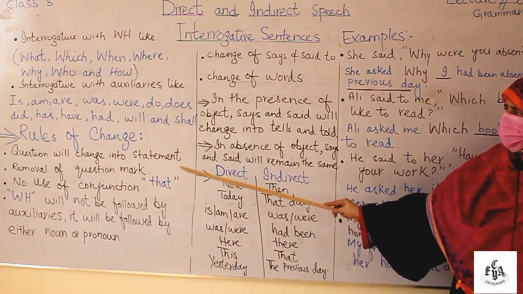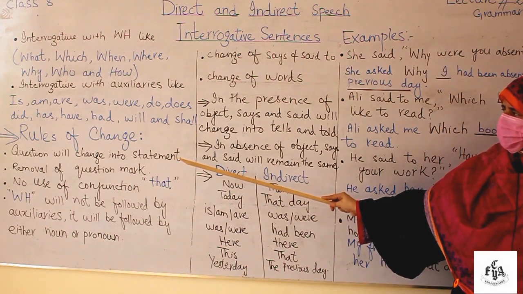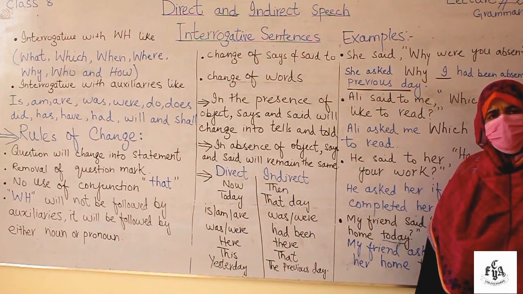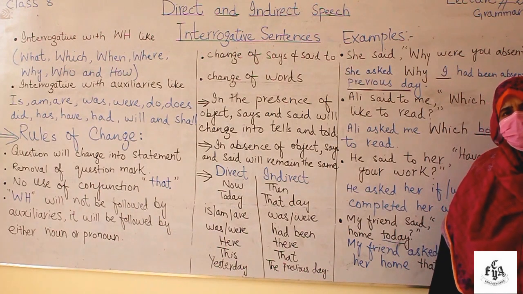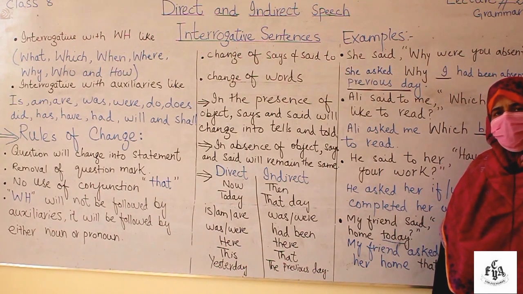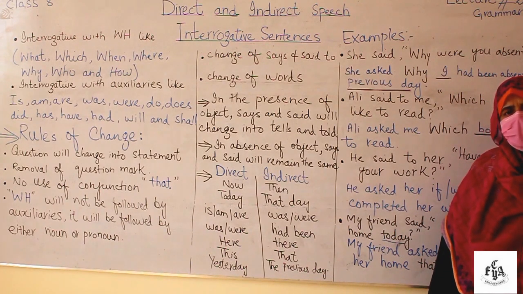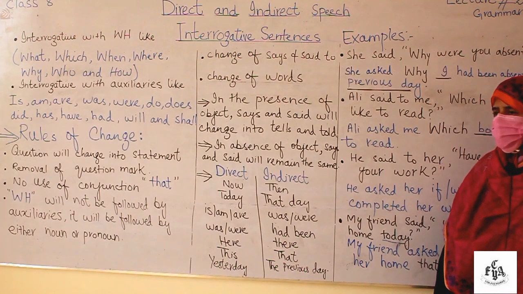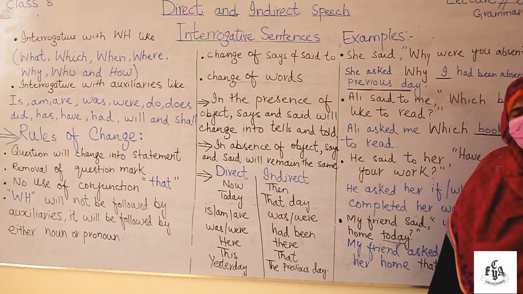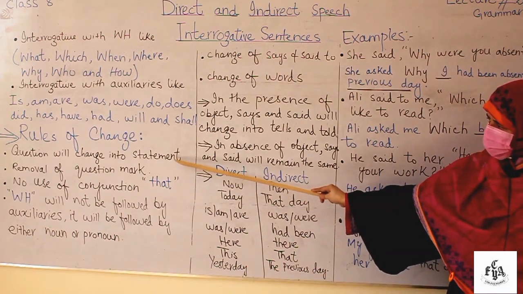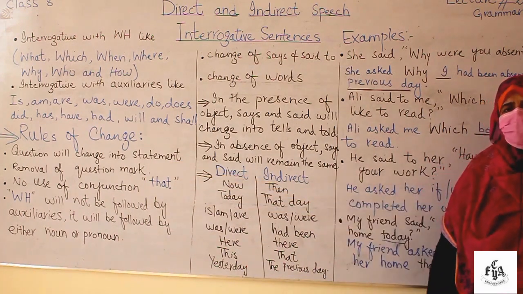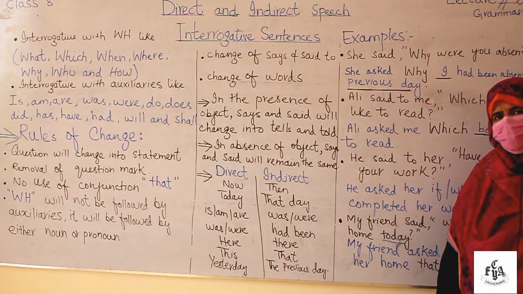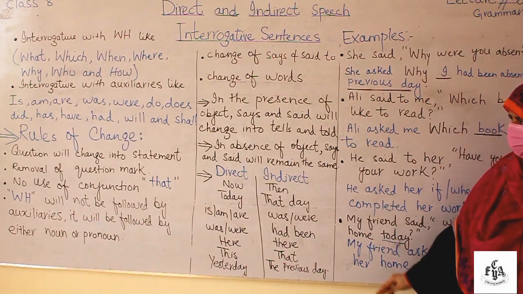First of all, the question will change into a statement, because while you are changing a sentence from direct speech into indirect speech, the question will change into a statement. Why? Because that is the reported word of the speaker, not the actual word of the speaker.